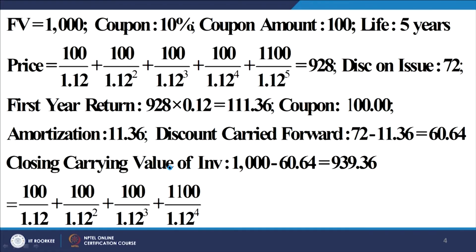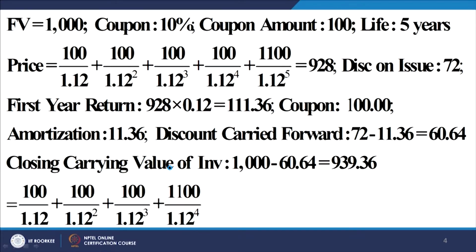Out of this, he will receive 100 in terms of the coupon payments, because it is a 10% coupon bond and 10% on a face value of 1000 translates to 100. So, he gets 100 as cash on account of return on the bond at the end of the first year, and there is an amortization of 11.36 in the discount.